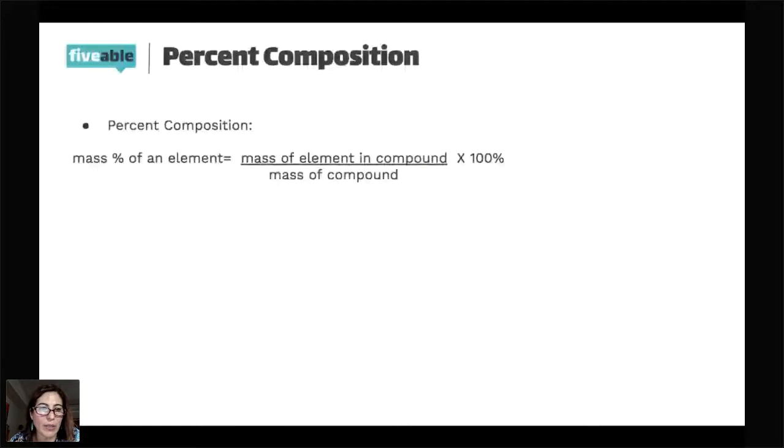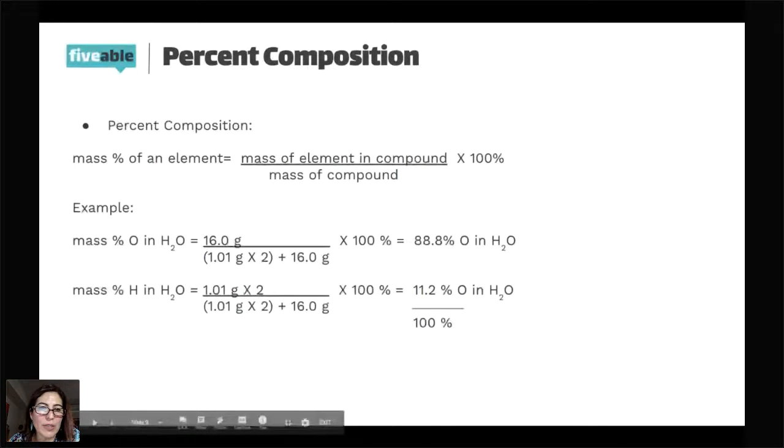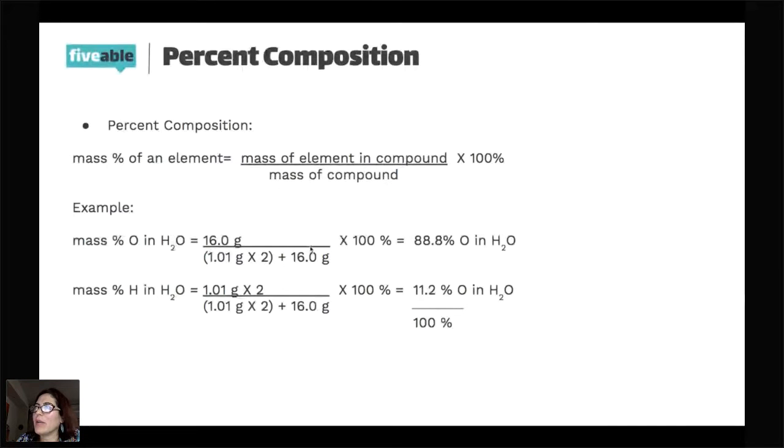For example, in water, you use the 16 grams that represent oxygen from the periodic table. And then you use the 1.01 for hydrogen times 2, since we have 2 atoms, and 16 grams of oxygen. And that's how you will get the percentage of oxygen. You do the same for hydrogen. Just make sure you have the 100%.